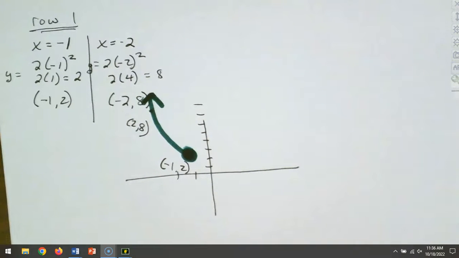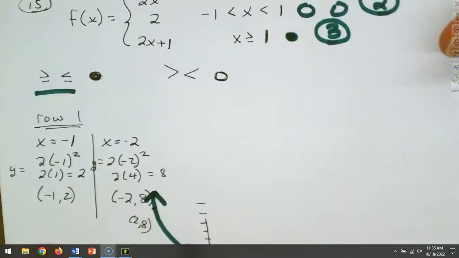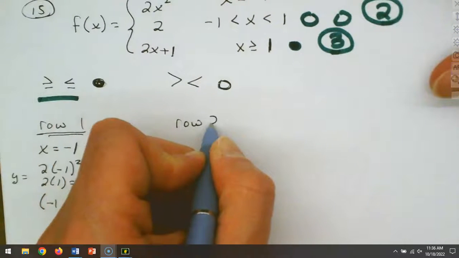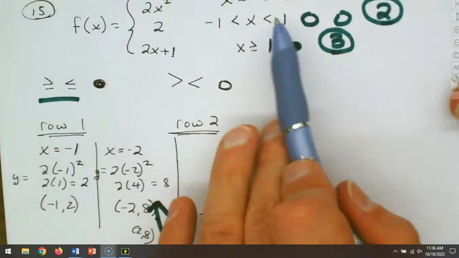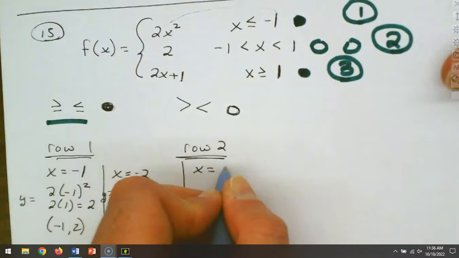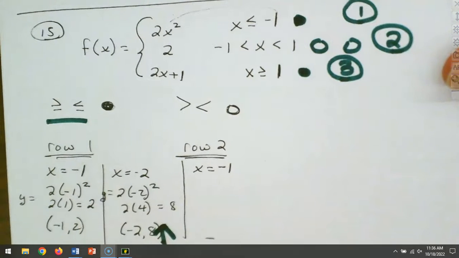Is everyone all right with that so far? Okay, now we move on to row 2. And I'm going to plug in my 2 endpoints. So I'm going to plug in minus 1 and positive 1. So let's plug in the minus 1.